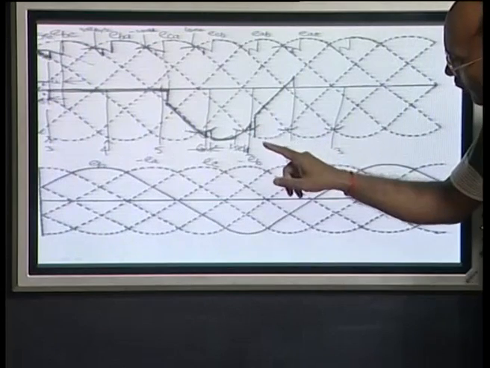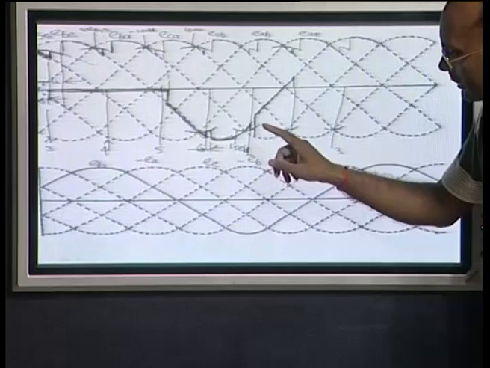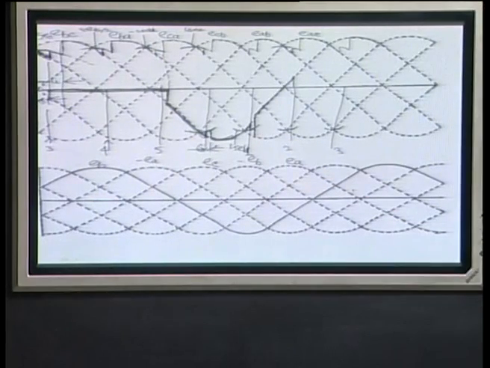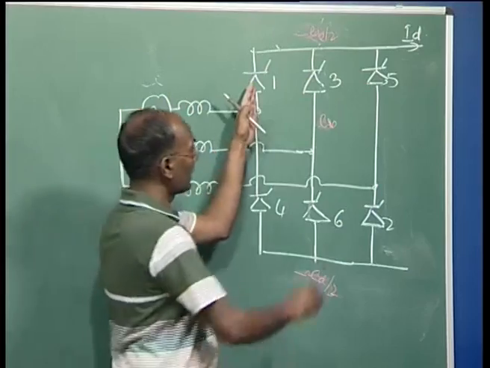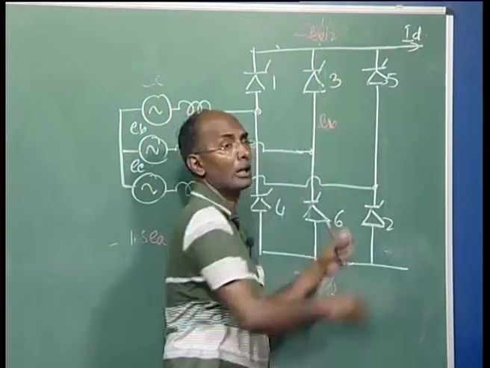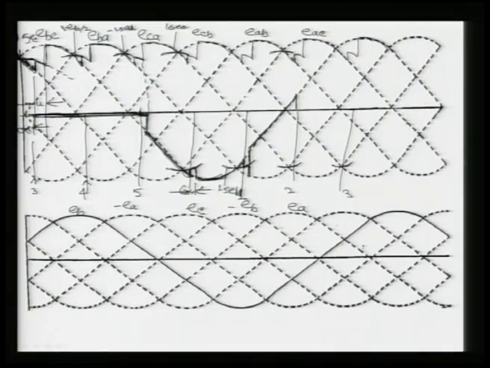Once commutation is over, this 1 is completely taking the current, and the voltage across this will be nothing but EBA, because this is now full phase conducting, and this is your EB, here EA. So EB minus EA is the output voltage, and it will not go here, it will be coming here finally, and then it will follow till this point.